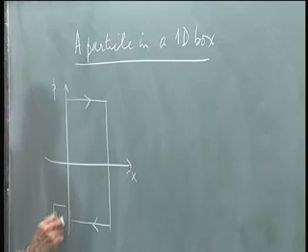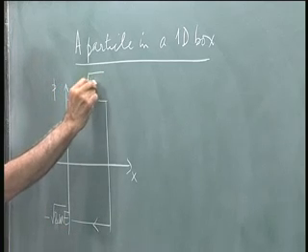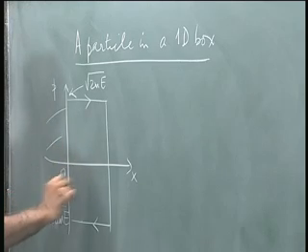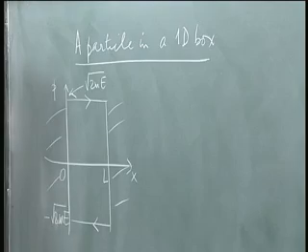This is minus root 2mE, this is root 2mE, that is 0, this region is forbidden, that region is forbidden, and this is L along the x axis.